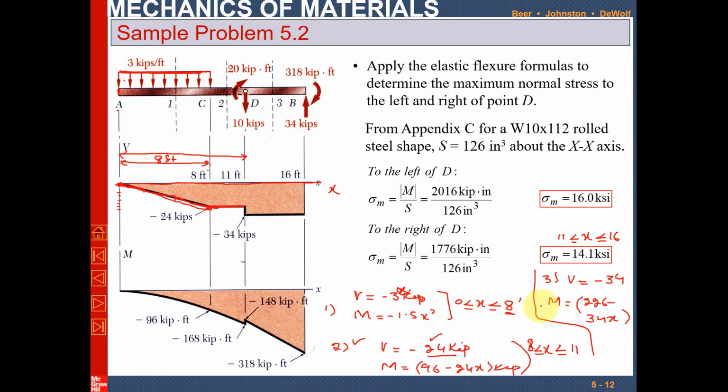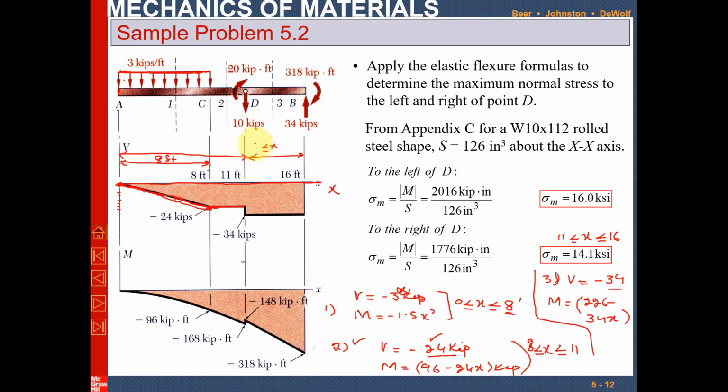Clear? Now at section 3, you can see that from C to D it is constant, but immediately after point D there will be a change in the shear force. From point D we have minus 34 when x is greater than 11 and less than 16. This is the region.